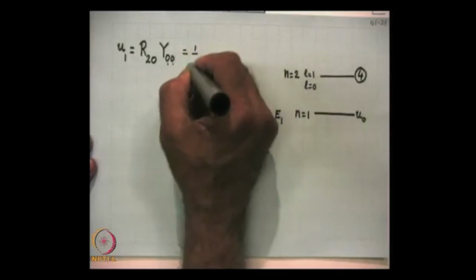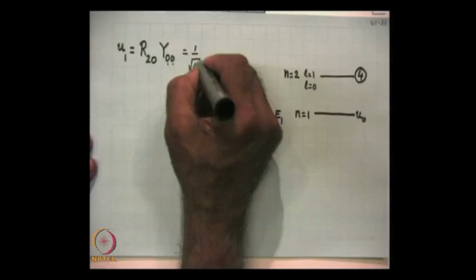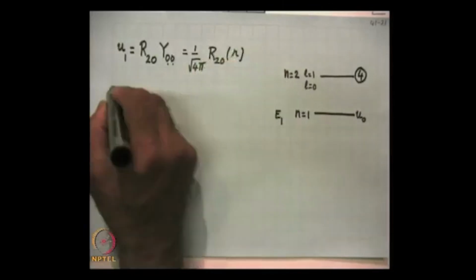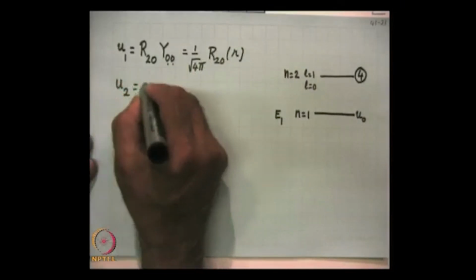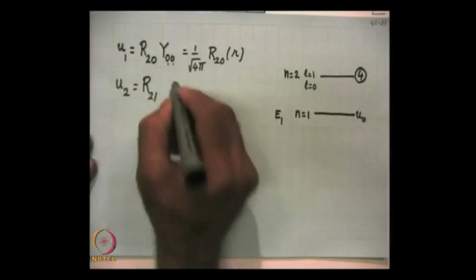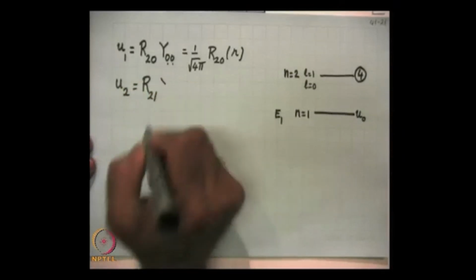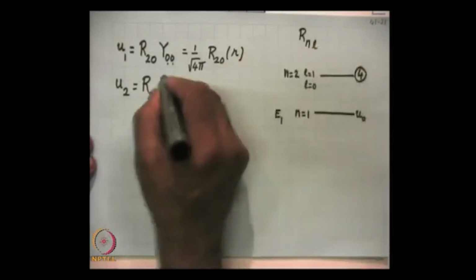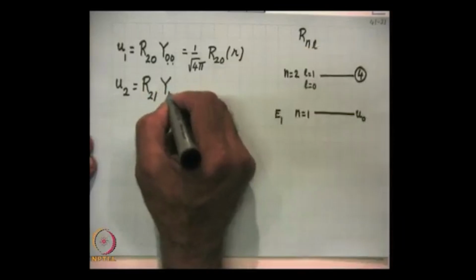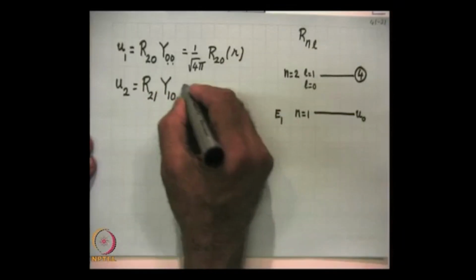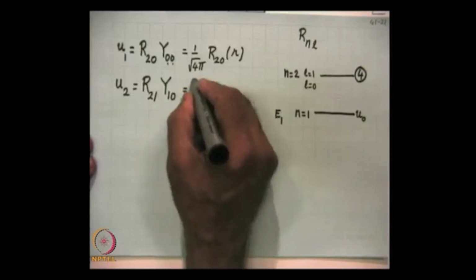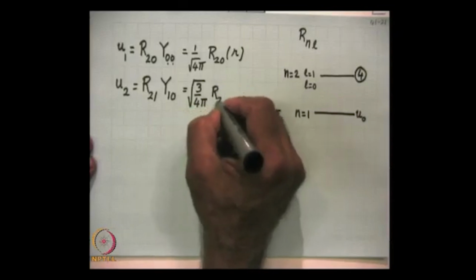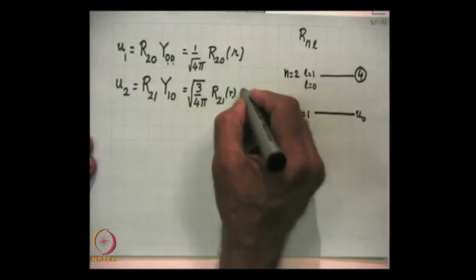So, this is 1 over root 4 pi R20 of r. Then u2 will be R21, and when L is 1, this is R n L, L is 1. So, m can be 0, and this will be under root of 3 by 4 pi, Y10 we had derived, R21 of r cos theta.